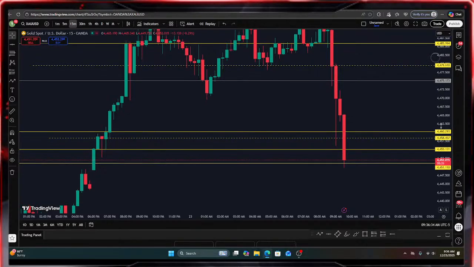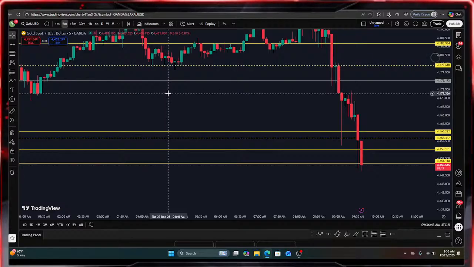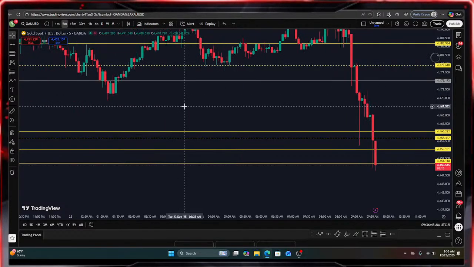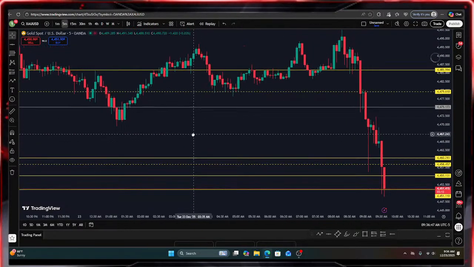Man, price action is like a volatile chart. We're super volatile right now, but price action, I would give it like 5 out of 10, bro. Not even 5. I'd say like 4 out of 10.